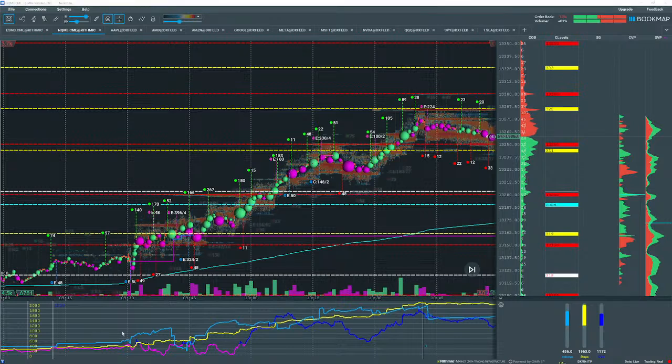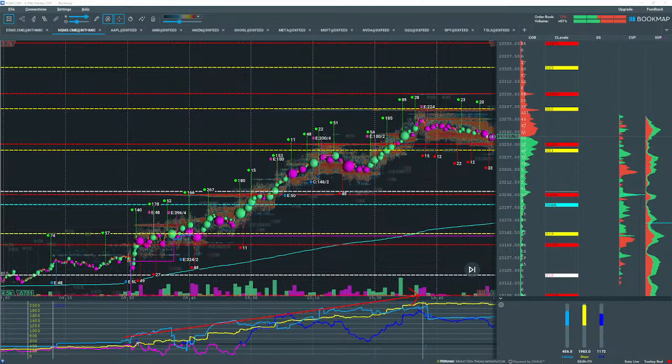And the subchart shows what is pretty obvious on the chart, that large traders are buying with iceberg orders they use to hide their size, and that is shown by this light blue line rising. And cumulative volume delta is choppy but rising, and that's shown by the pink to dark blue line.